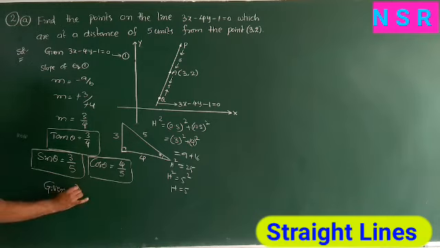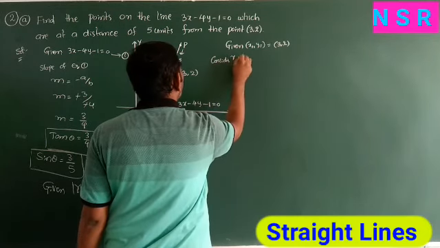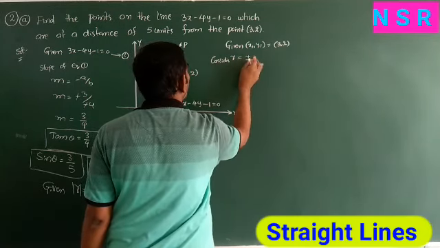So already the r value is given: mod r equals 5, and also point A, 3 comma 2, is given. This point A is the midpoint of PQ. Also given x1 comma y1, a point on the line, that is 3 comma 2. So consider mod r equal to 5, which means r is equal to plus or minus 5.